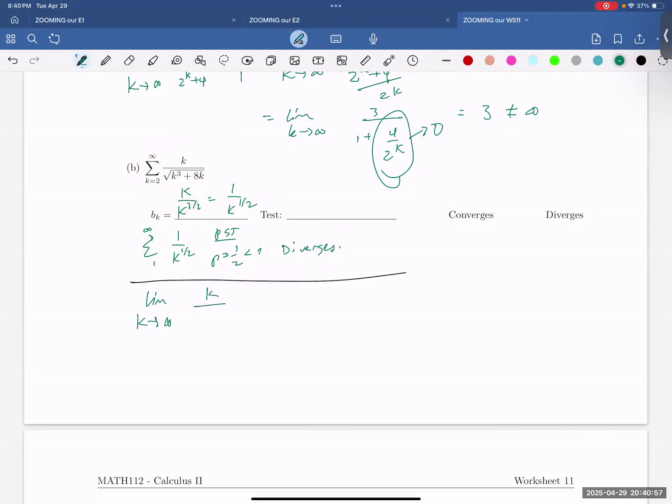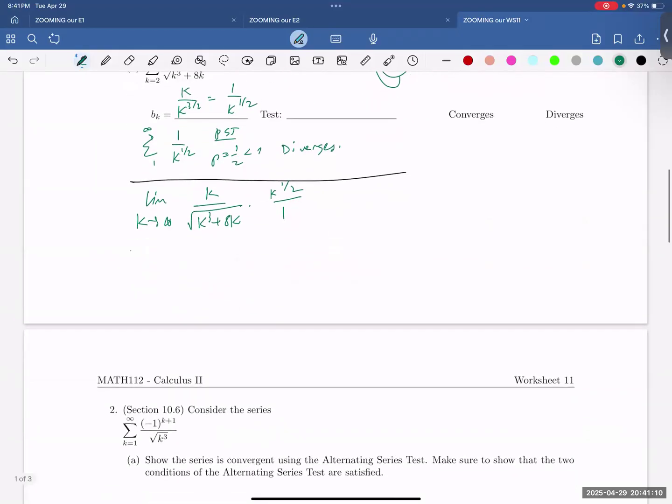a sub k, k cubed plus 8k over b sub k, so k to the half over 1. This is k to the 3 halves over root k cubed plus 8k. So a couple things.